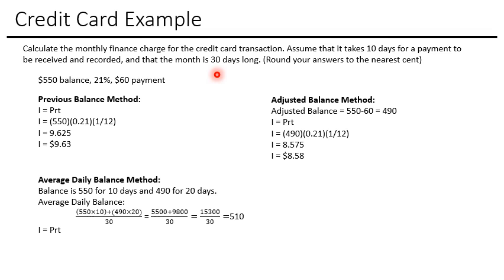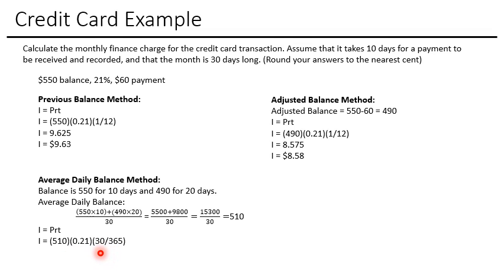And so you have to be able to distinguish between those two things. So in this case, we're talking about a 30-day month. And so in this particular case, we are going to have to take T and we're going to have to now say 30 divided by 365.